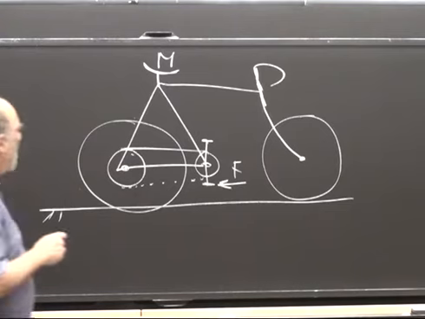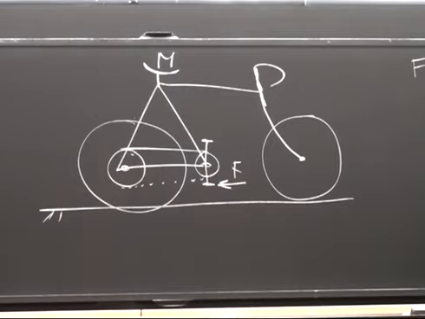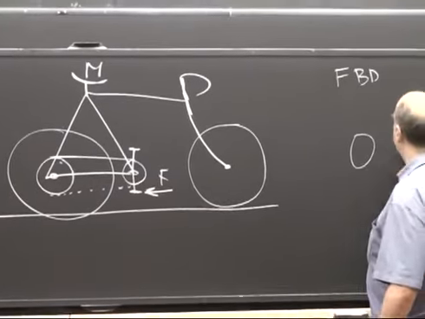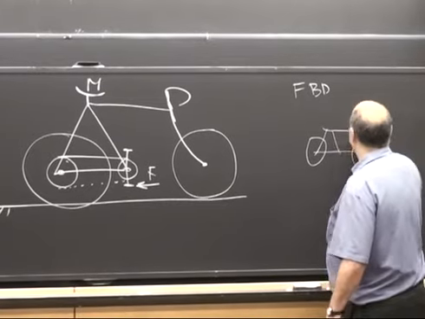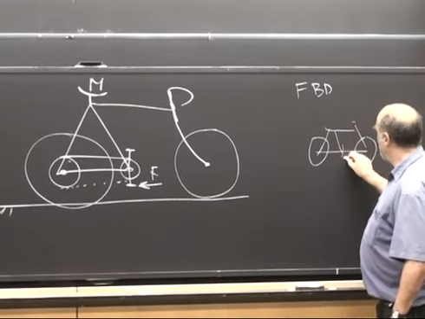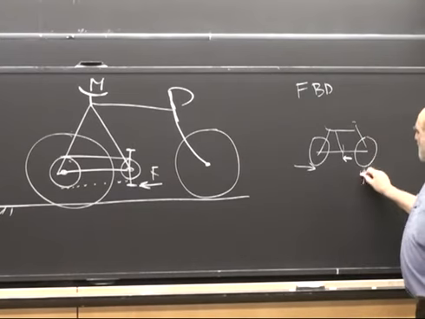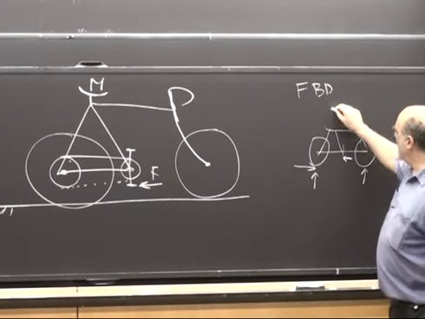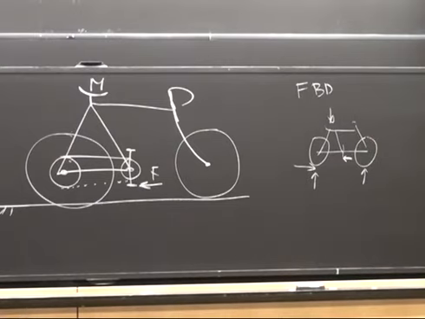So we could draw a free body diagram of the bicycle. And for the free body diagram of the bicycle, we don't have to draw all the details quite so well. But it's got a force here and a force here. Any other forces? Okay, there's vertical forces, but we're going to do the one-dimensional mechanics of this thing. Did I leave anything out of that free body diagram?